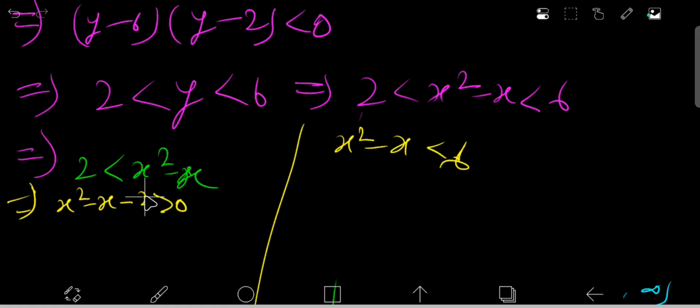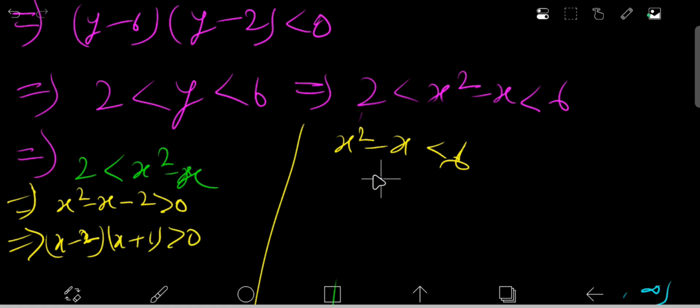When we factorize this one, we get x minus 2 into x plus 1 greater than 0, and on this side x square minus x minus 6 less than 0.